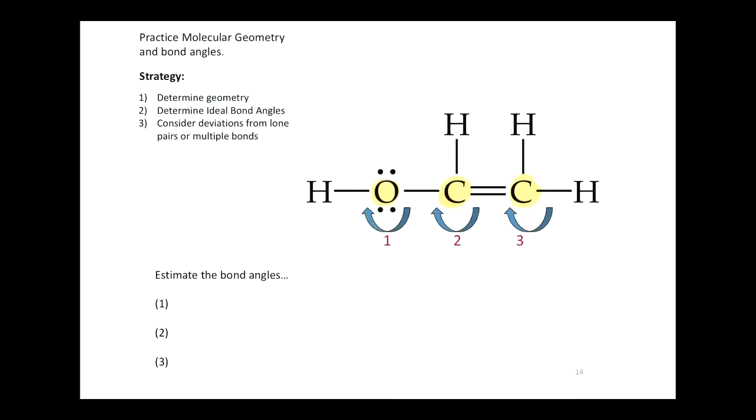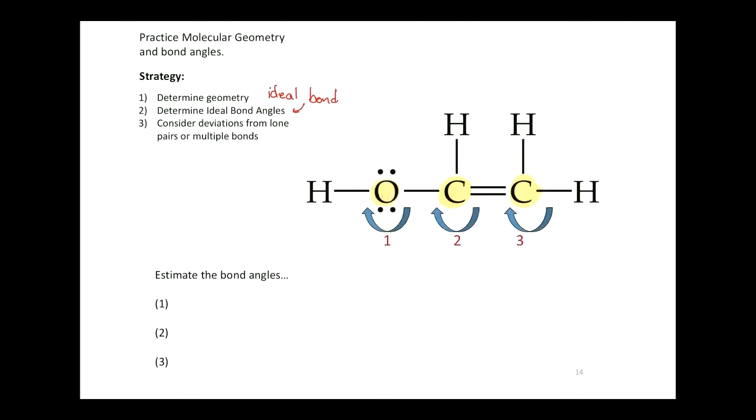Step 2 is that the electron geometry tells us our ideal bond angles. Step 3 is you look at the actual structure and think, are there any deviations from those bond angles?